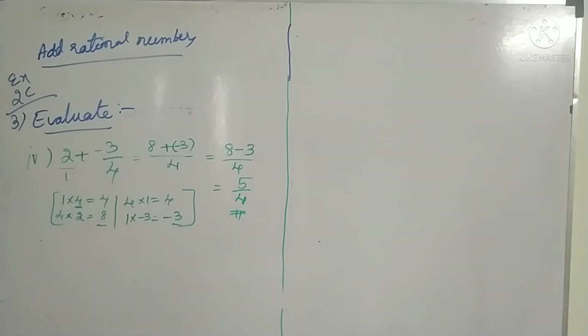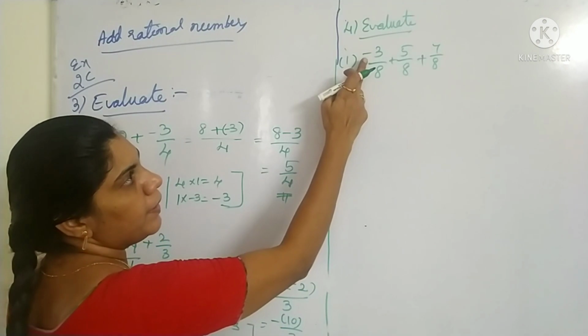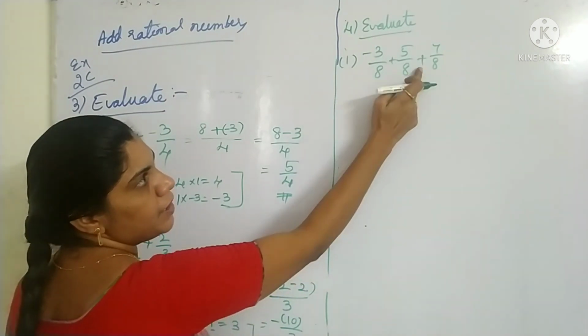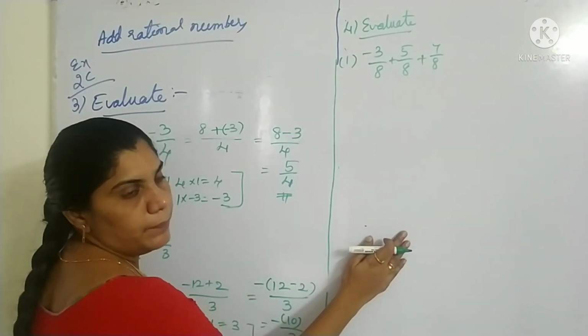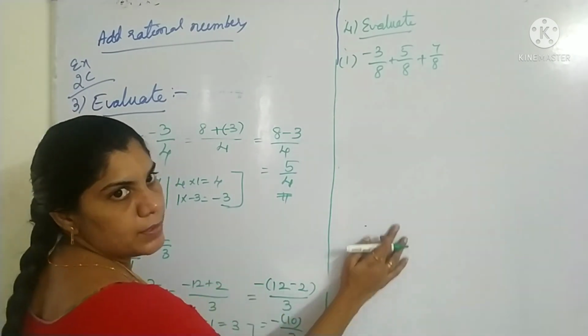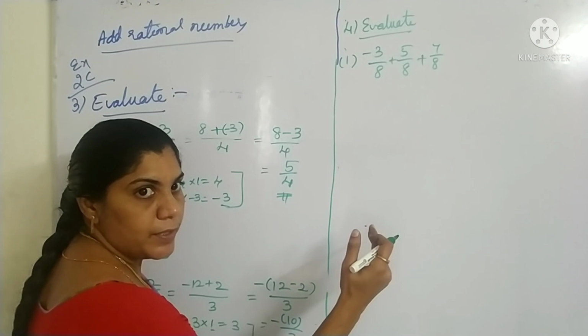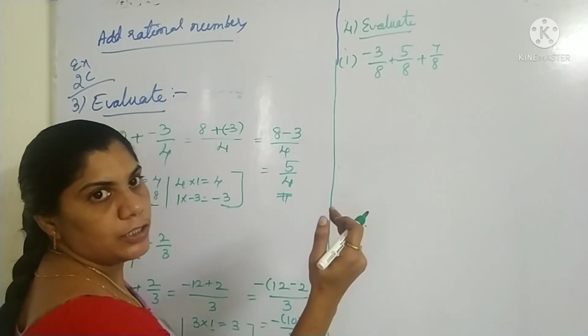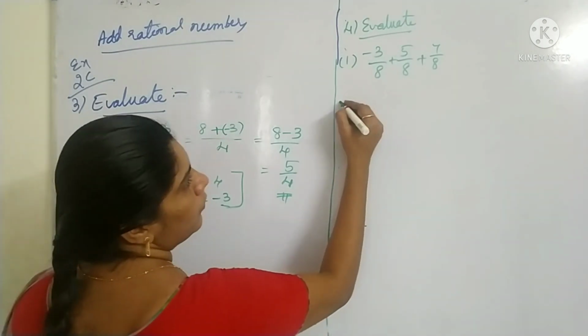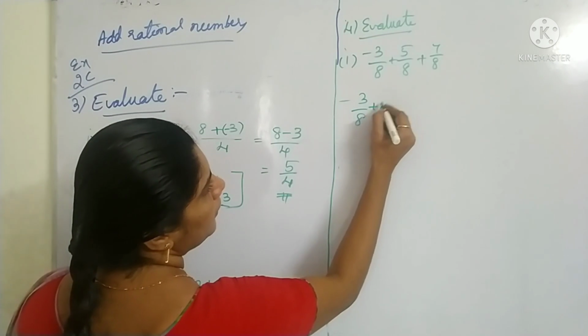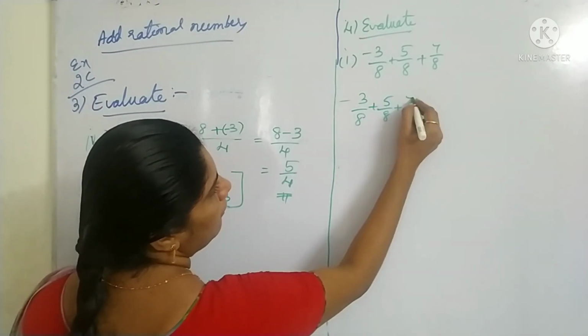Understood? Good. Now see the next problem: minus 3 by 8 plus 5 by 8 plus 7 by 8. Observe the denominators once. Here all the denominators are the same. If all the denominators are the same, we can directly add the numerators. So again I am writing minus 3 by 8 plus 5 by 8 plus 7 by 8.